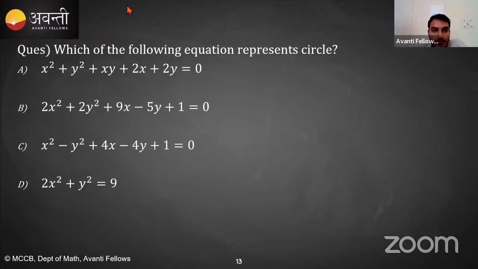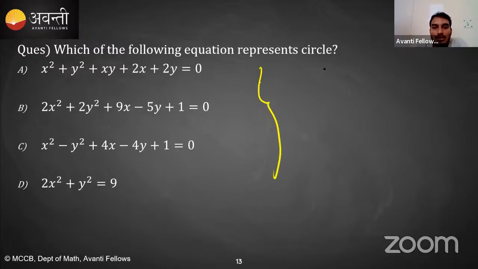Okay. So JNV Chitra Durga is saying C. What about the other JNV students, Balari, Davangri, Sweetie, Ahmad, everyone? Tell me which of the following represents a circle. A, B, C, D. Quickly, tell me what is the necessary and sufficient condition.